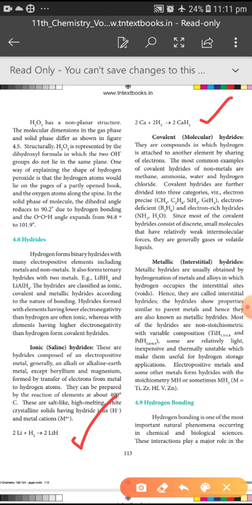Covalent hydrides are further divided into three categories: electron precise, electron deficient, and electron rich.